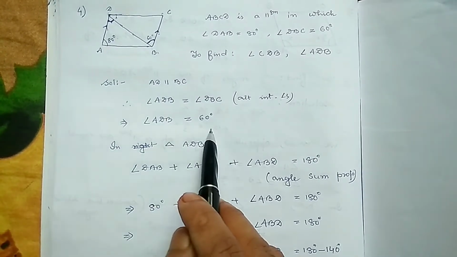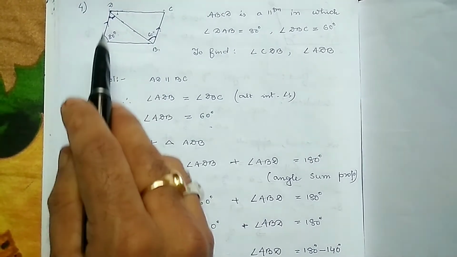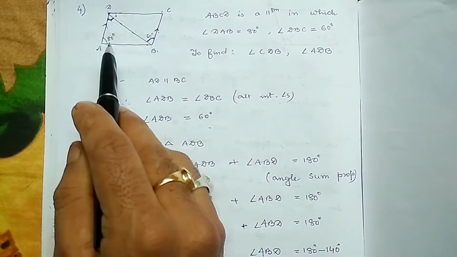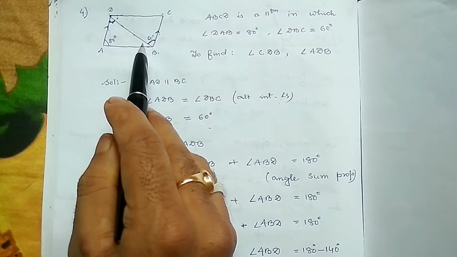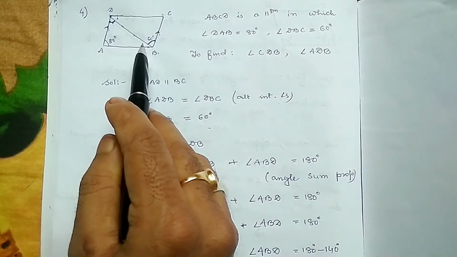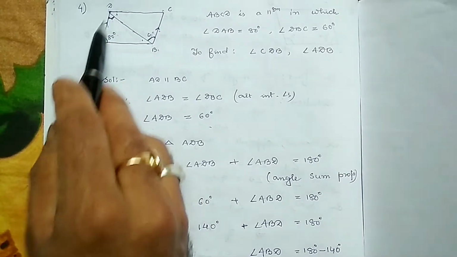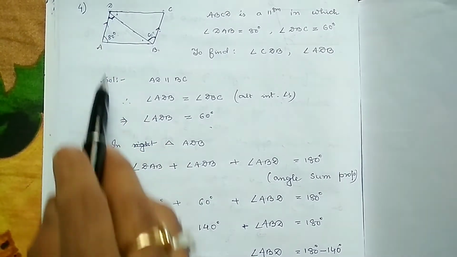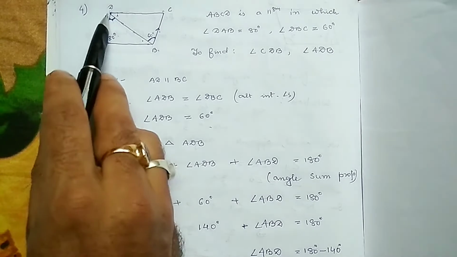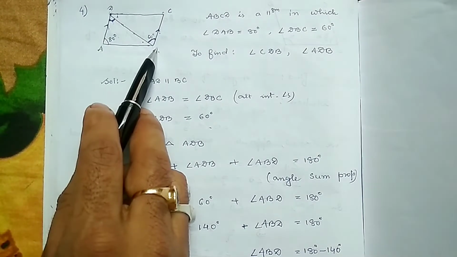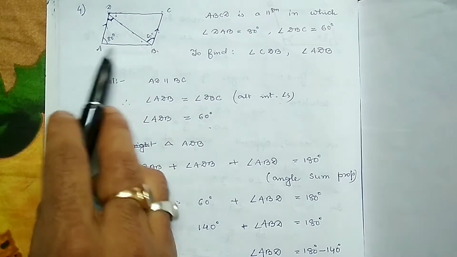So we got ADB. Now, in angle ADB, we know this angle is how much? This angle is 60, this angle is 80, but this angle is not known. So what can we do? We can use the angle sum property. In triangle ADB, angle DAB plus angle ADB plus angle ABD.